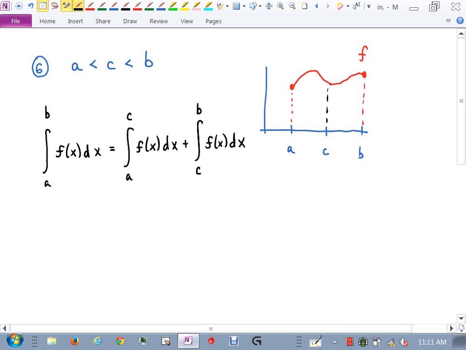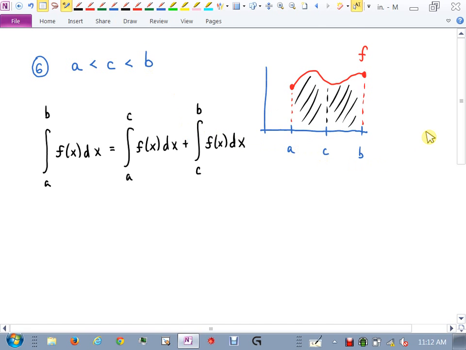So you're splitting it into those two different areas and adding them up. Add those two, you should get the whole thing. That's a pretty natural result, you think? Makes sense geometrically? All right. We have 9 properties, so we're getting there.